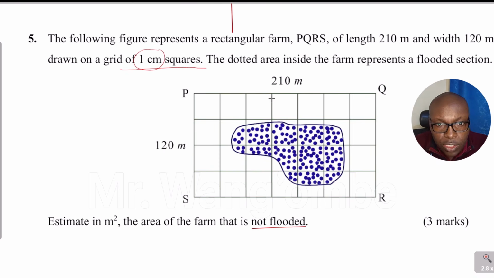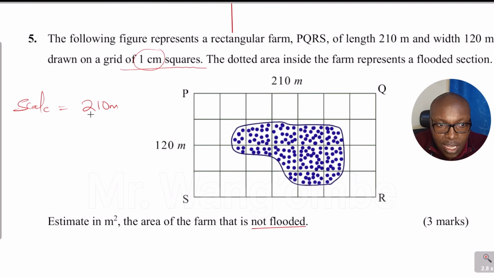You just need to use either the length or the width, just one of them. So you're getting the scale. If I consider the length is 210 meters, and along that 210 meters, there are how many centimeter squares? 1, 2, 3, 4, 5, 6, 7.